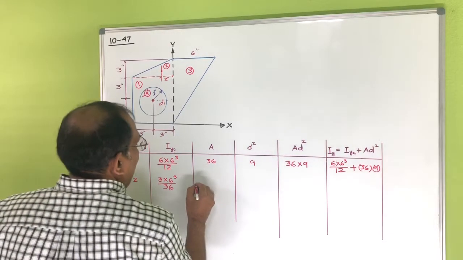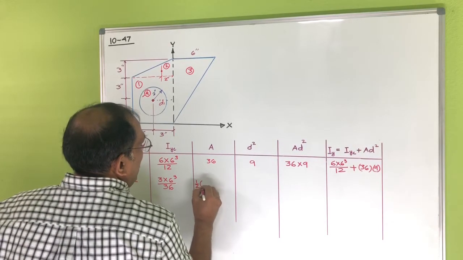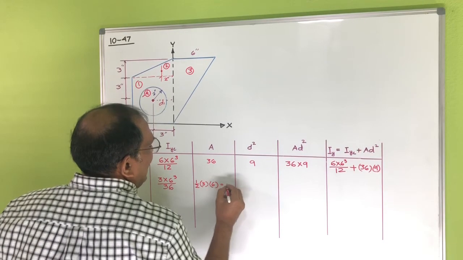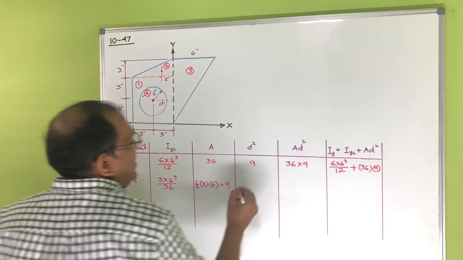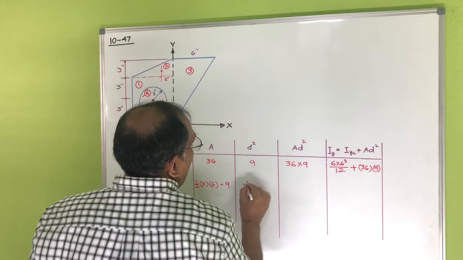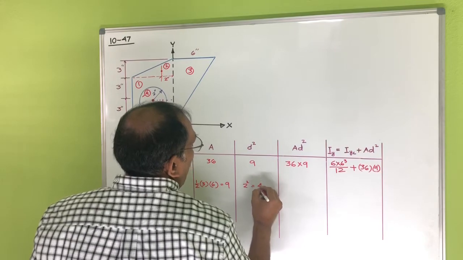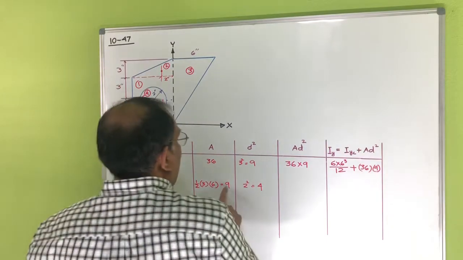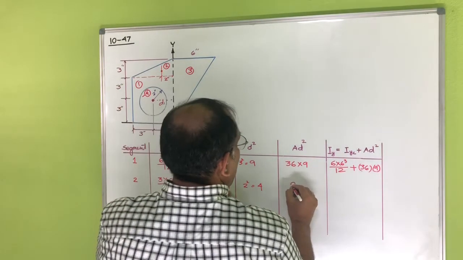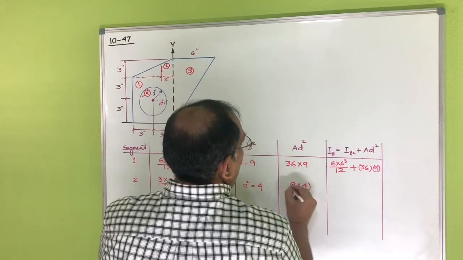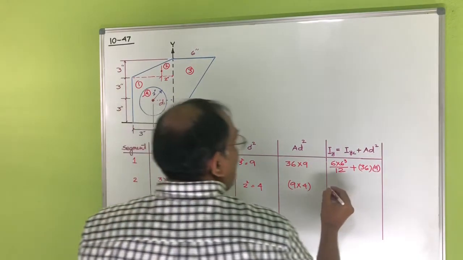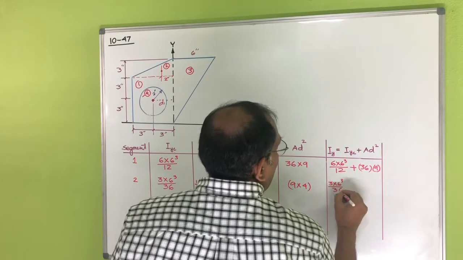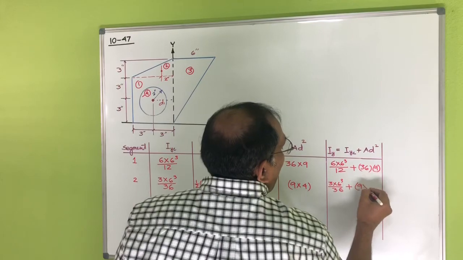Okay, the area would be half into 3 into 6. That's 9. D square is 2 square. That's 4. That's it. So AD square is 9 into 4. So the moment of inertia would be 3 into 6 cubed by 36 plus 9 into 4.